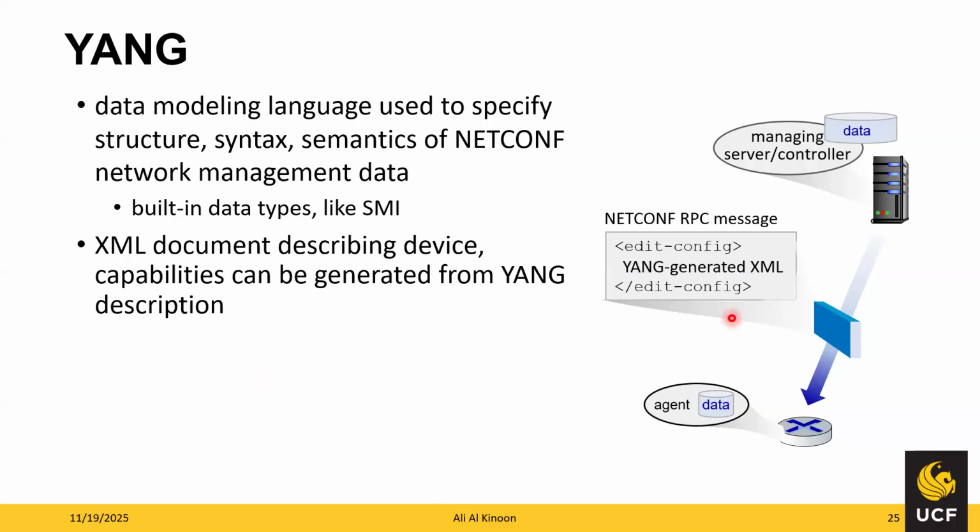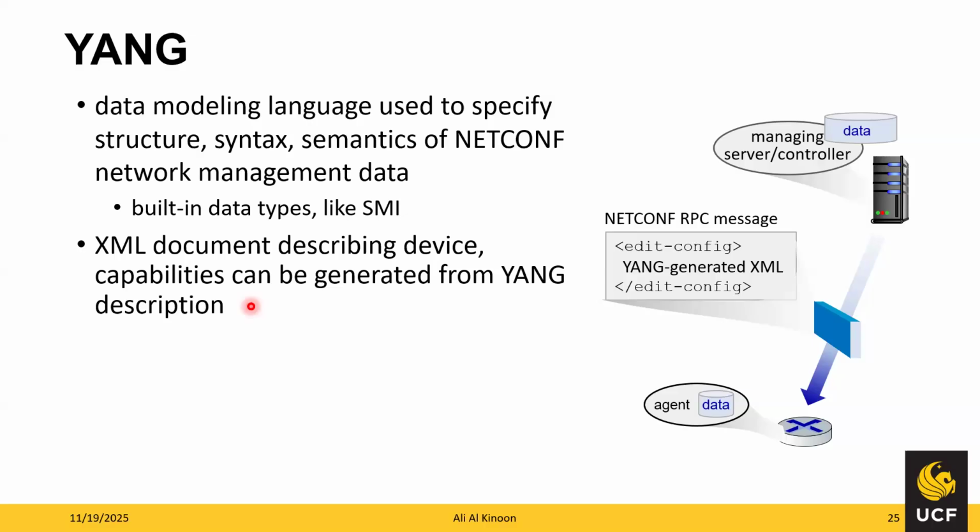So, XML from YANG description. From a YANG model that we have, a device can automatically generate XML documents, right? And that describes capabilities and data structure. This allows the server to understand exactly how to format the config messages for that device.